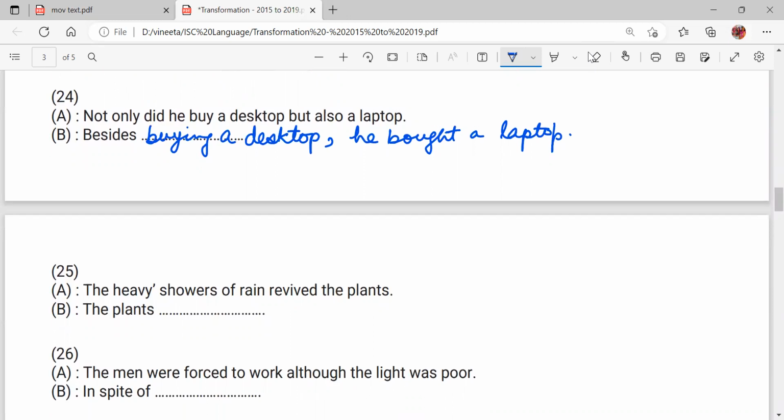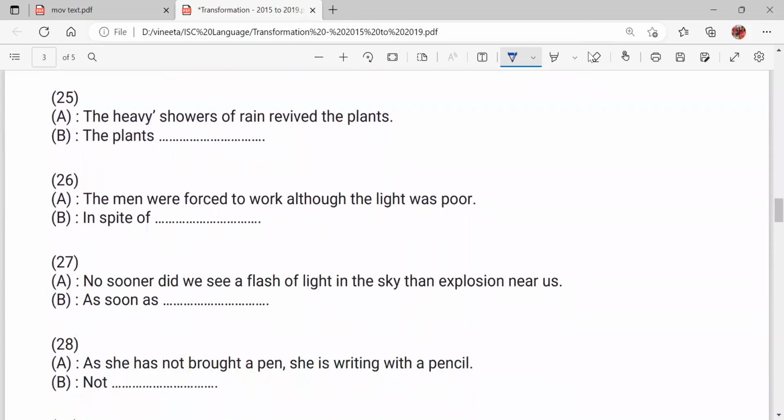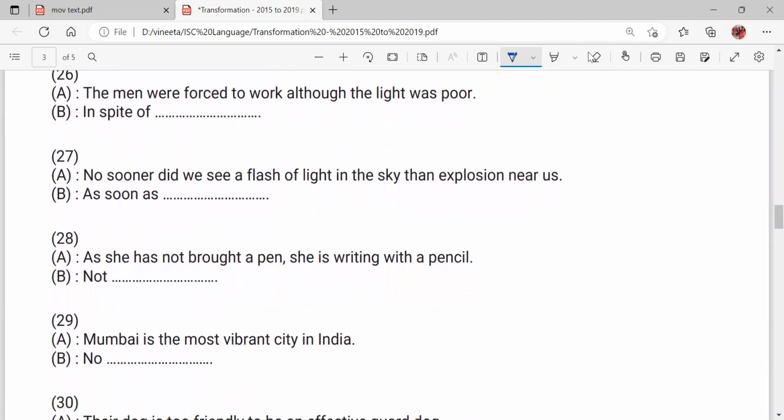Right? The heavy showers of rain revived the plants. Now, please see, the same sentence was there earlier also. It means the sentence has been repeated. So, sentences are repeated. That is why I always advise you to do previous years' papers. So, the plants were revived by the heavy showers of rain. Next, the men were forced to work although the light was poor.